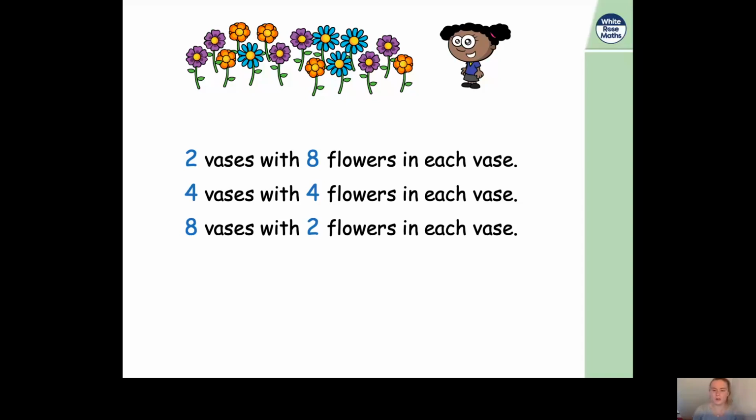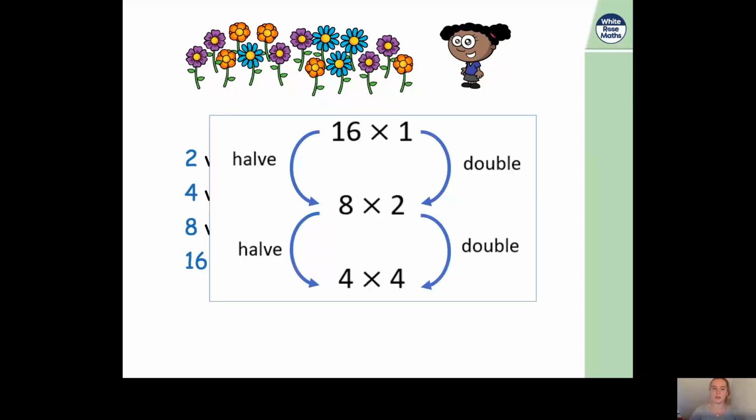Okay, and I also found that I could share them equally amongst 16 vases because there was 1 flower in each vase. So if we have a look at this, we said that there are 16 flowers which were shared equally amongst 16 vases, and there was 1 flower in each vase.